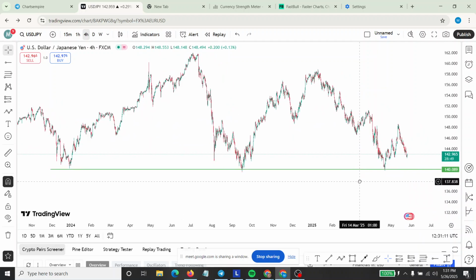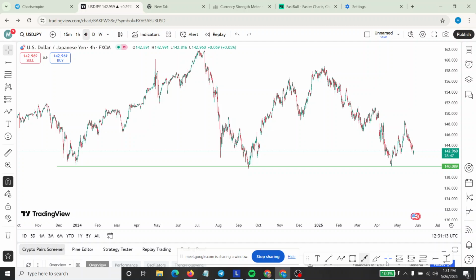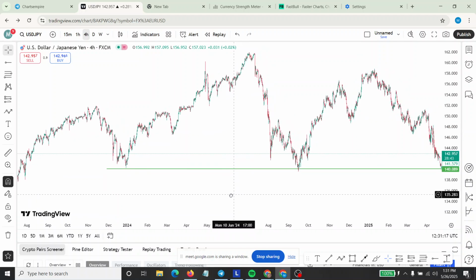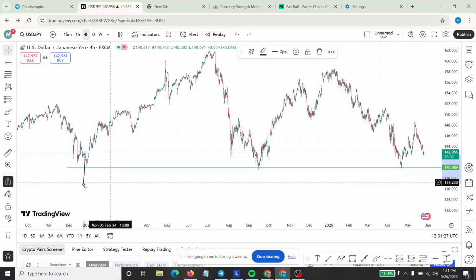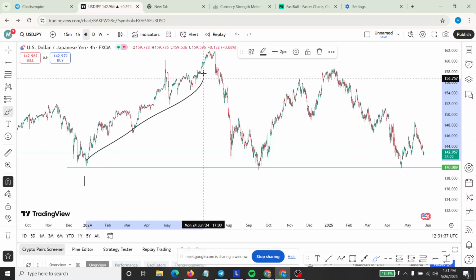Exactly. You can see now we have 3 touches at this support zone, and if you look at this, the first touch, you could see after that first touch how the market bought aggressively.